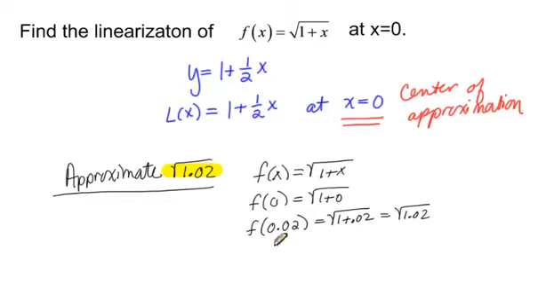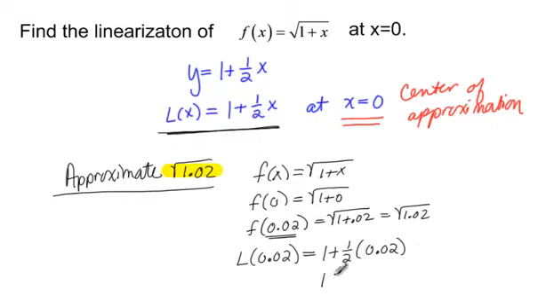So what I need to do is figure out how to do this, and we have a really good method to approximate this. I can't really do this in my head without a calculator, but I have a really good estimator right here, my linearization, which I'm going to use to estimate this value. So we're going to use linearization, and the x value we're going to use is 0.02. If we plug this into our linearization, 1 plus 1/2 of 0.02, we get 1 plus 0.01, which is 1.01.